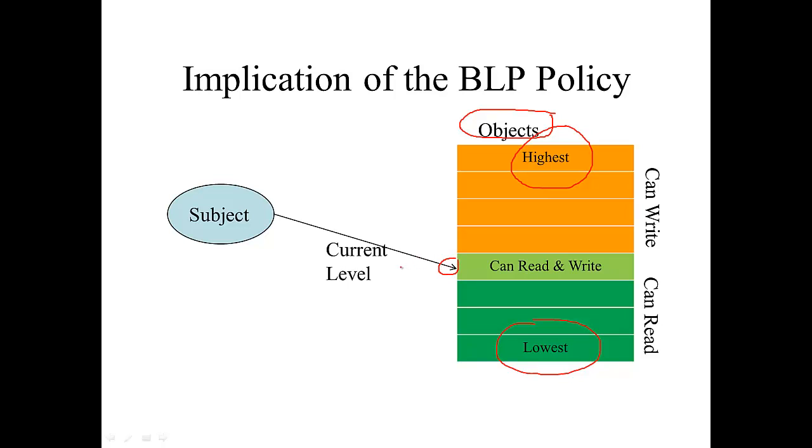So based on no reading up and no write down, this subject can write to this kind of objects, but it cannot write to these objects. The same, this subject can read these objects, but cannot read these objects because they are a higher layer. For the same layer, it can read and write.